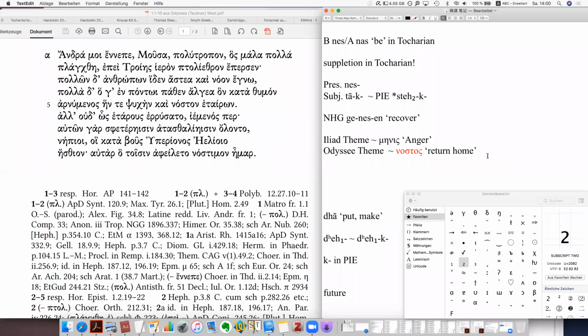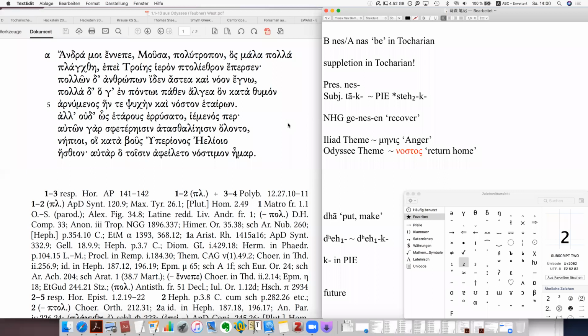There's another question. What would be the situation in other branches like Sanskrit? That k, in Sanskrit we don't have it. But if you want to check the information of the perfect, well, it depends on the language, of course.